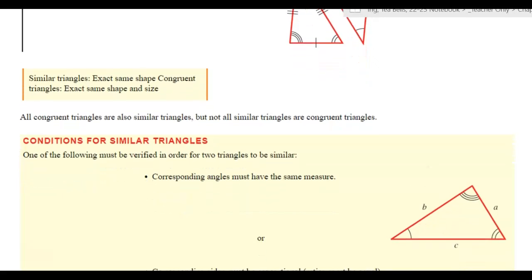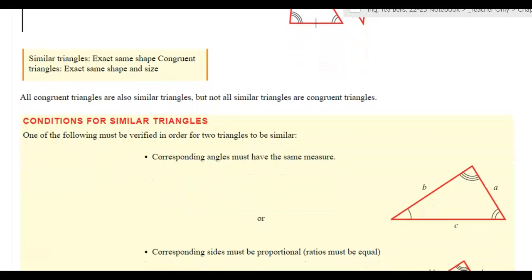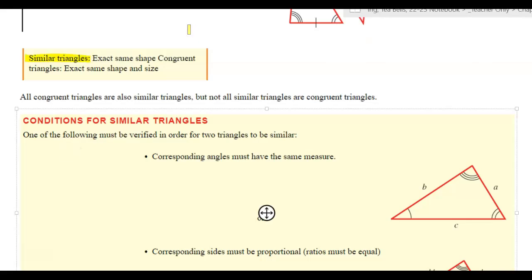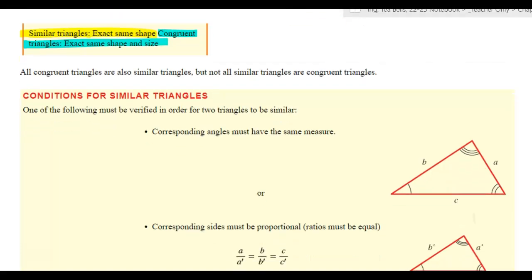We also have right here, I want to emphasize this. So similar triangles have the exact same shape, so they have the same angles, but different side lengths. Congruent triangles are the exact same size and shape, so everything about them matches up and is perfect.